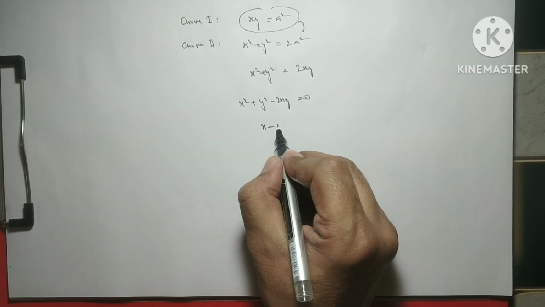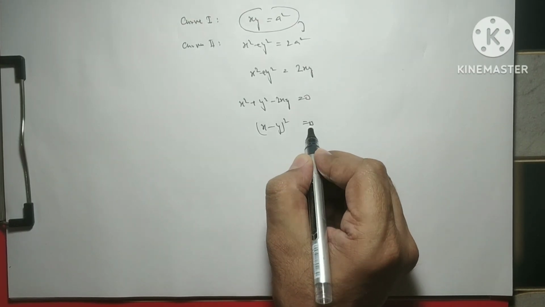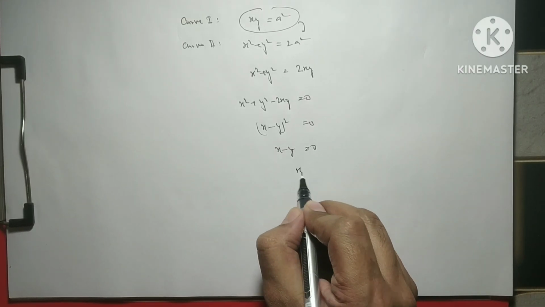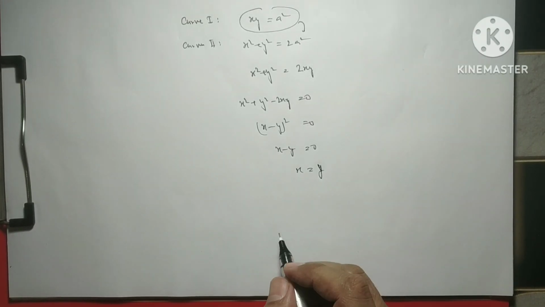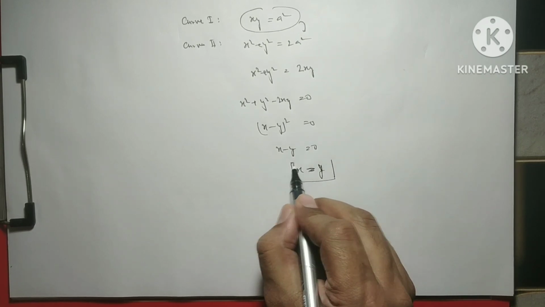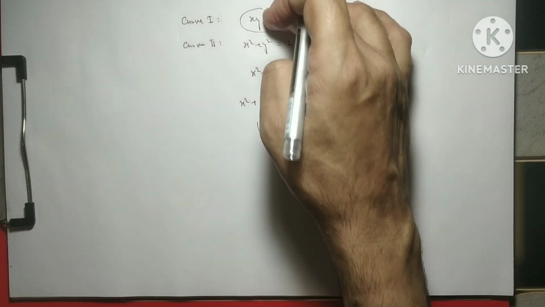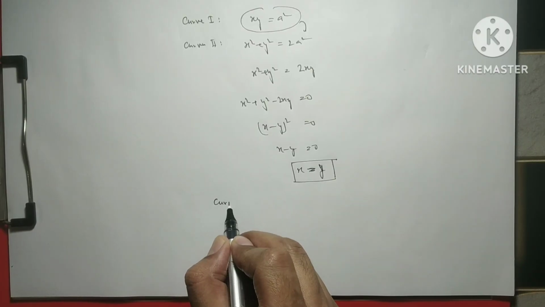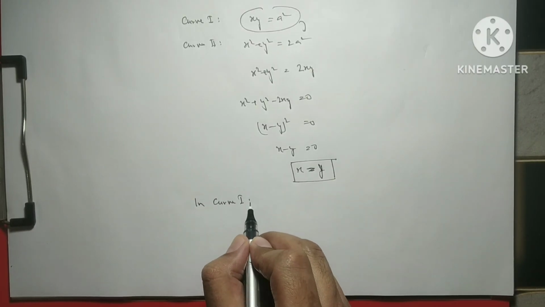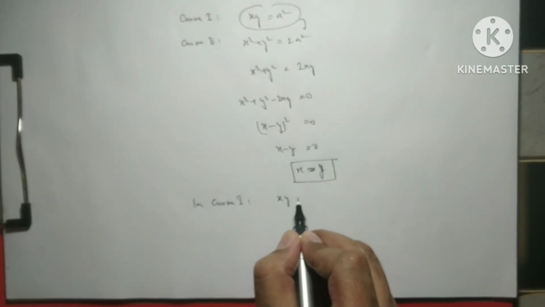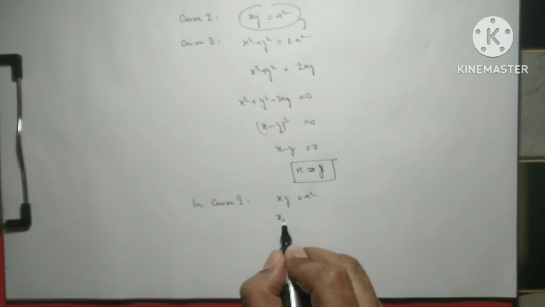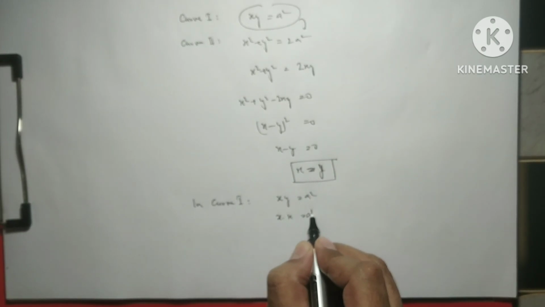It means x minus y whole square is 0. So x minus y is 0, so x equals y. We have this expression, we put it in any equation. So xy equals a square, and the value of y is x, so we put x into x equals a square.